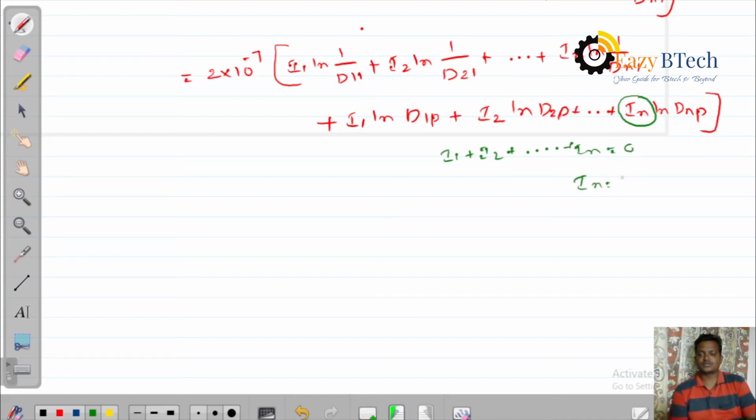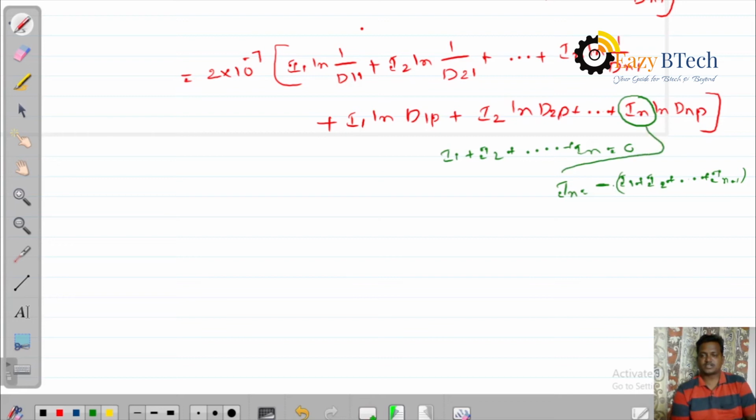In equals minus of I1 plus I2 plus up to In minus 1.